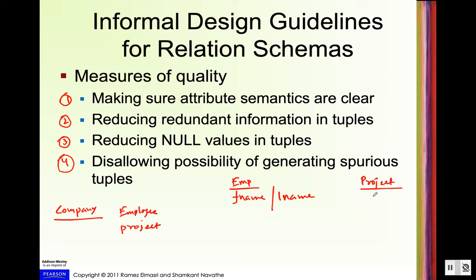say in the project table you are storing which employee works on which project, the employee name and project number. So in this table you are storing which employee works on which project.